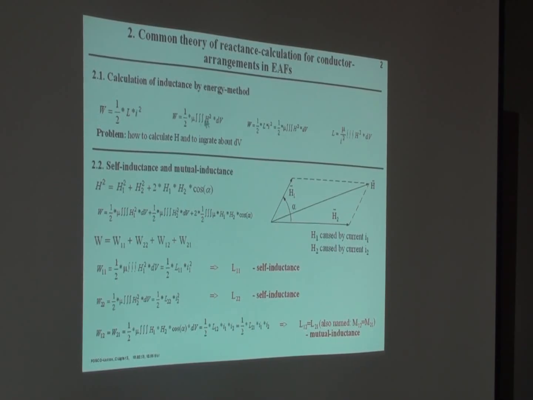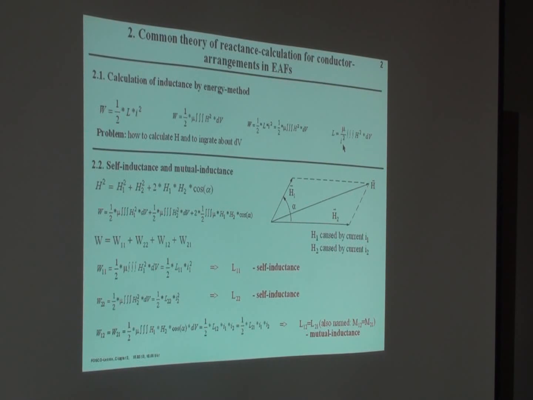You have to integrate over the volume, with the current and the field strength. That's very complicated. So you can solve this formula for L: integrate over the volume and divide by the square of the current.